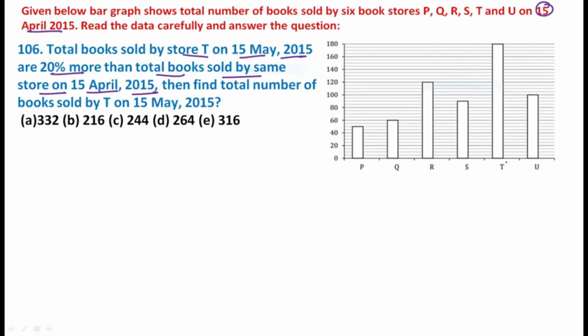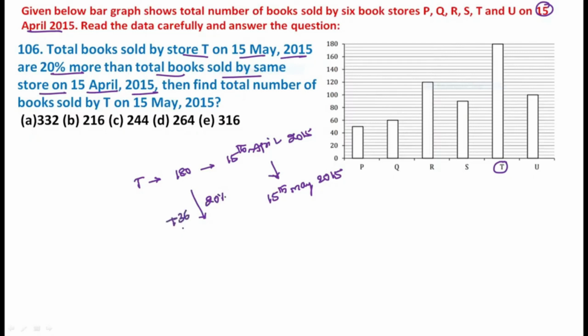Observe that in 15th April 2015, the T value is exactly 180. But here in the question you need to identify 15th May 2015, where the number of books increases by 20 percent. So the 20 percent value is 36. Now in 15th May 2015, the total number of books sold in store T is exactly 216. So 216 is correct.